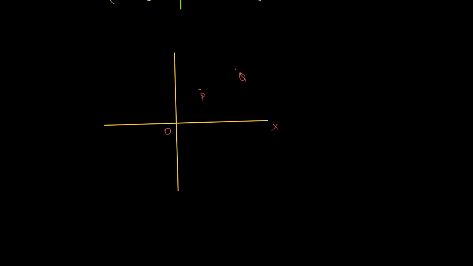The horizontal line is called the x-axis and the vertical line is called the y-axis. So this will be y dash and this will be x dash here.